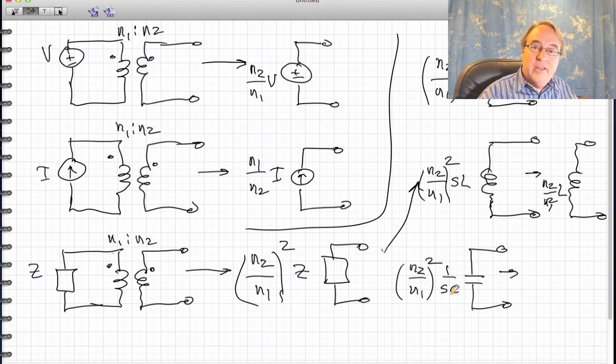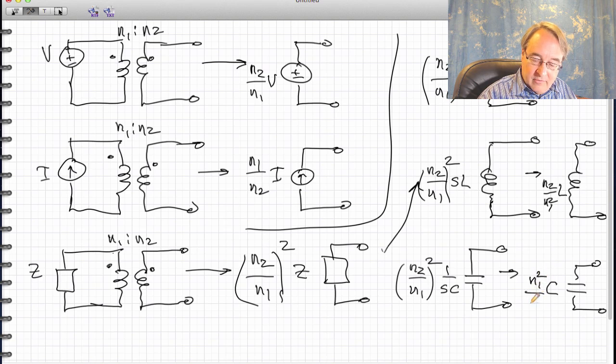But as far as the effective value of the capacitance, since impedance varies inversely with capacitance, this is as if we have a capacitor that gets divided by the turns ratio squared instead of multiplied. So it's as if we have a capacitor of value C times N1 squared over N2 squared. Okay, those are the rules for pushing simple elements through transformers.